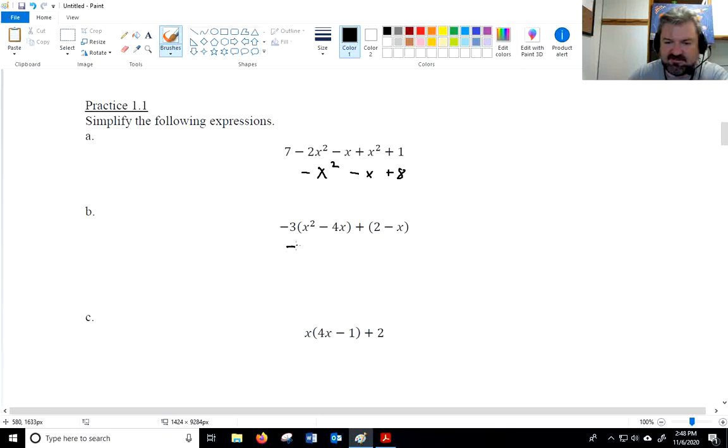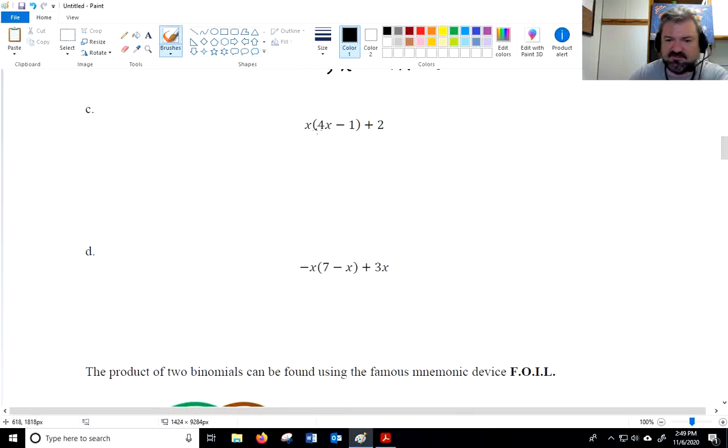All right, on this one here, I have a negative 3x squared plus 12x. Then we have plus 2 minus x. So negative 3x squared plus 11x plus 2.